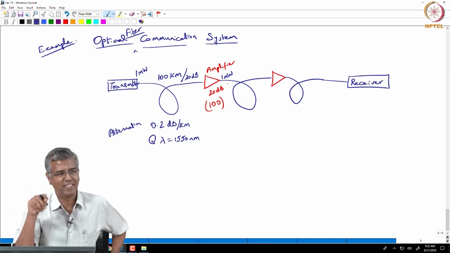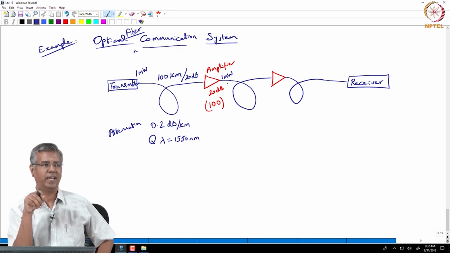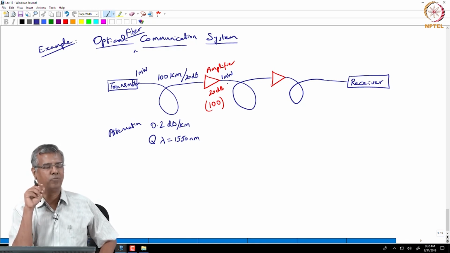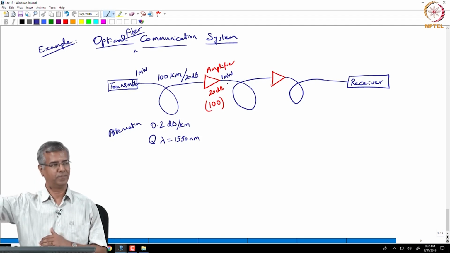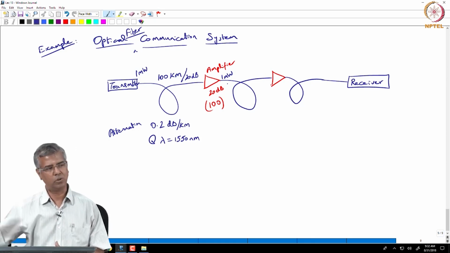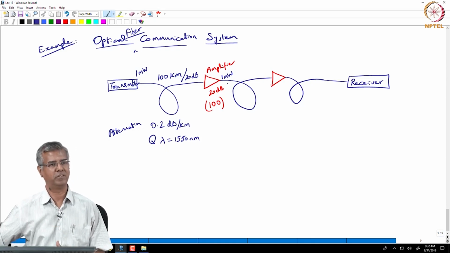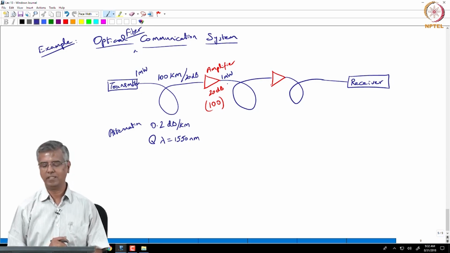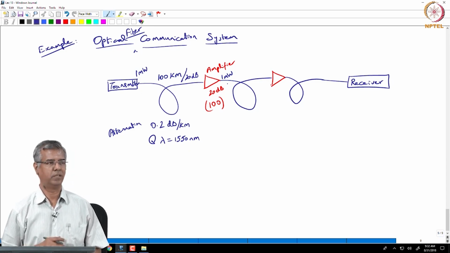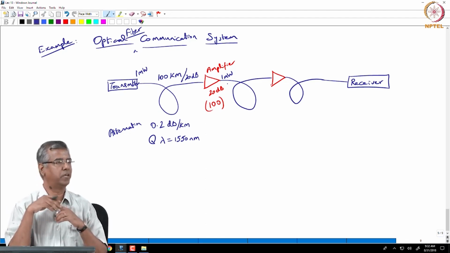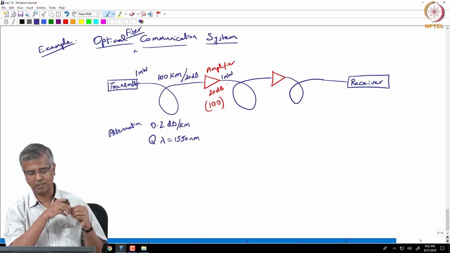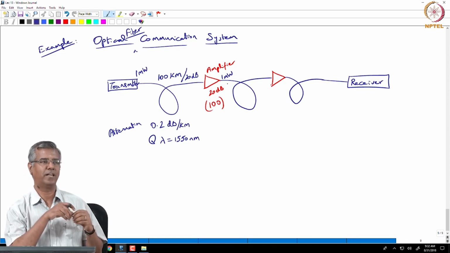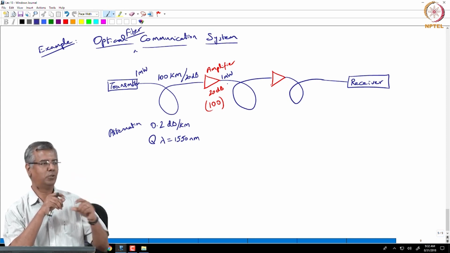No, that signal also has a fraction of amplified spontaneous emission, and that fraction keeps growing as you go deeper into the link, as you concatenate multiple amplifiers. So, your overall signal to noise ratio keeps reducing, and this is not just optical amplifiers, even other electronic amplifiers. You will see that before you get to do that amplification is the highest signal to noise ratio that you have.